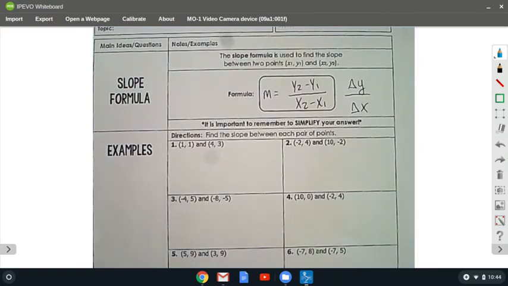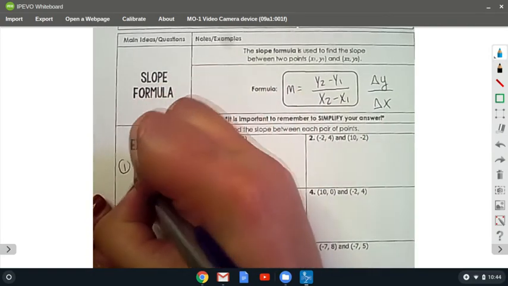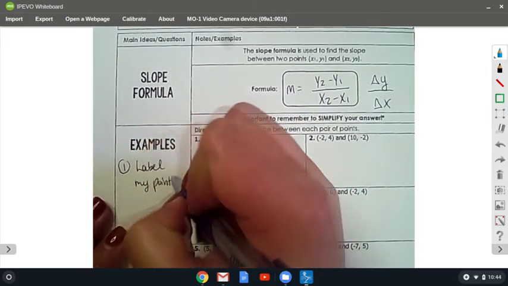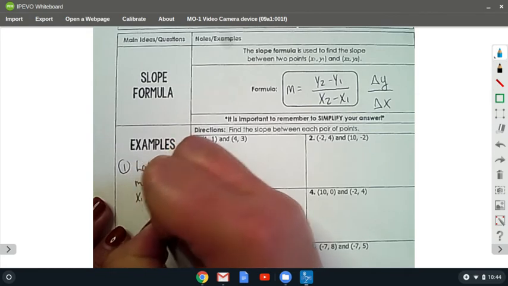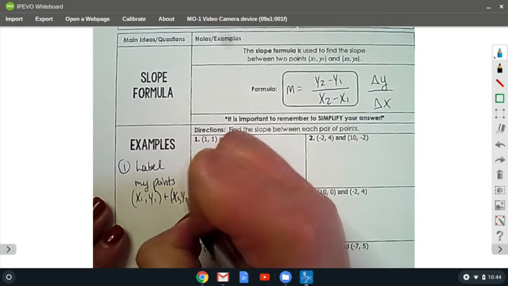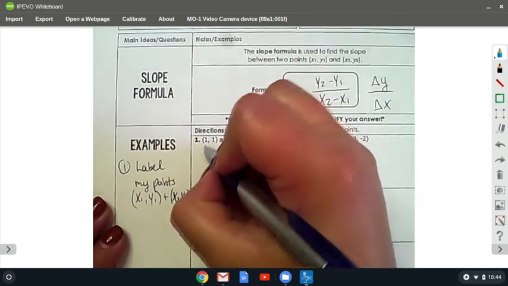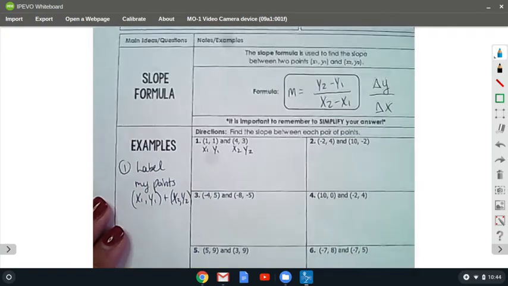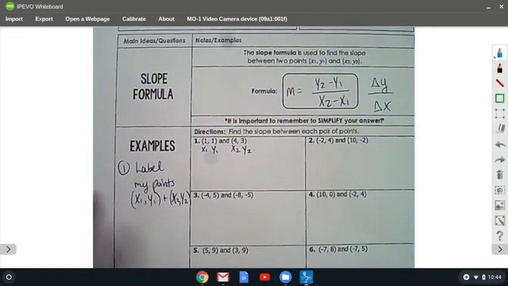So the first thing I have to do to find the slope between two points is label my points as x1, y1, and x2, y2. So I'm going to do x1, y1, x2, y2. Okay.